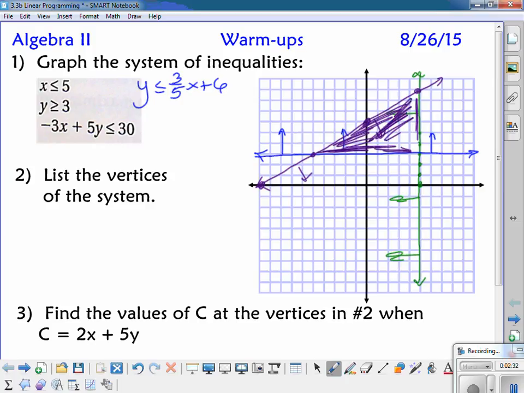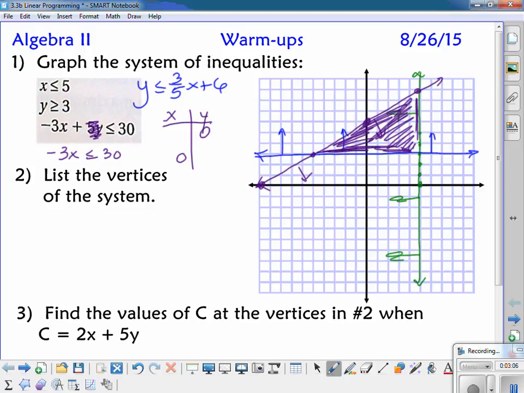Okay. Now, just to show you the intercepts real quickly, what you could have done instead was made your table with your zeros. So if y is 0, what is x? Ryan, if y is 0, then I get negative 3x is 30, so what would x have to be? I plug in 0 for y.